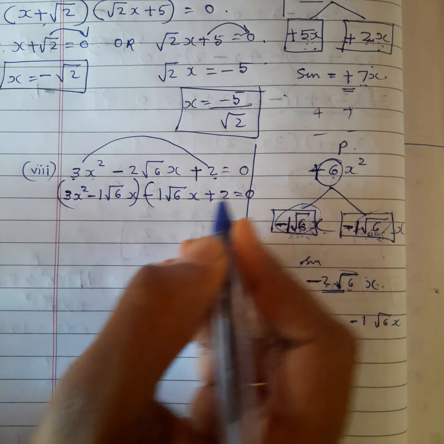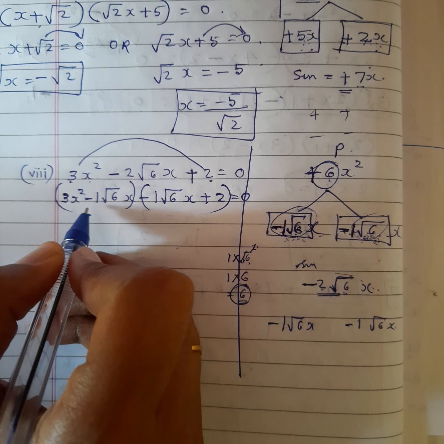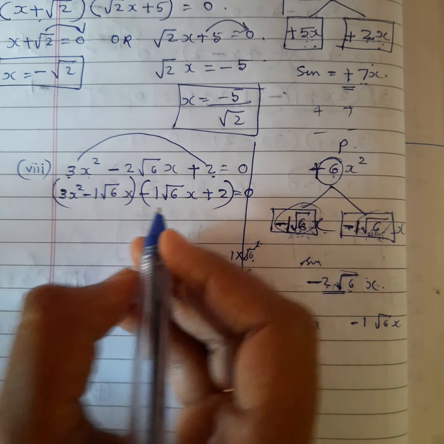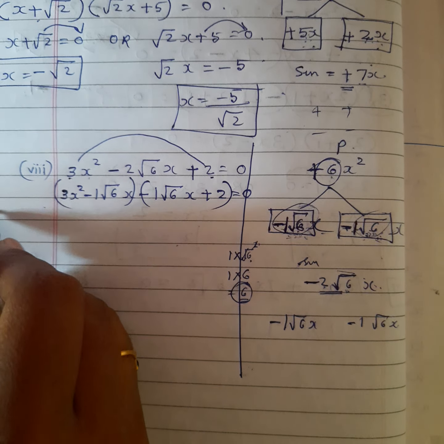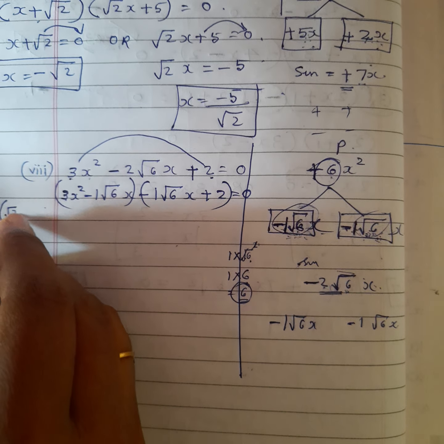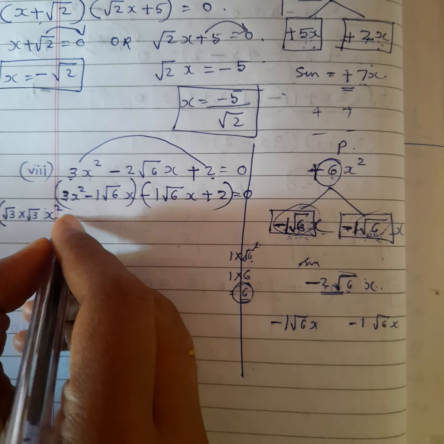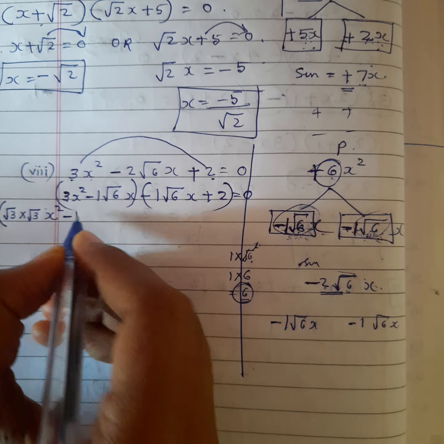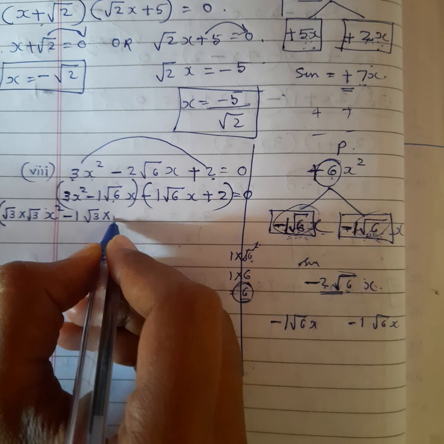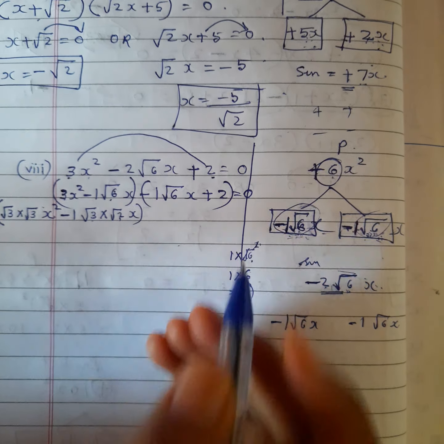Now make groups of two terms. Instead of 3 we can write √3 into √3. This step is very important, focus on this. Instead of 3 I am writing √3 into √3 and x², minus 1. Instead of √6 I am writing √3 into √2 and x, correct? 3 twos are 6.